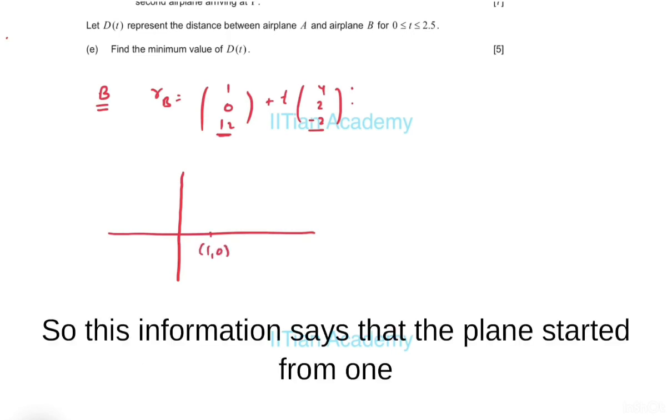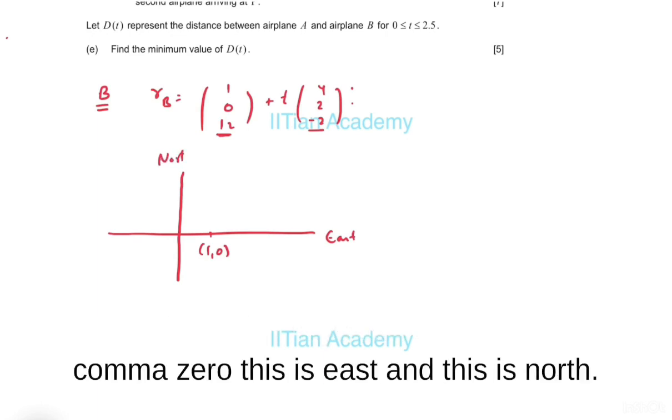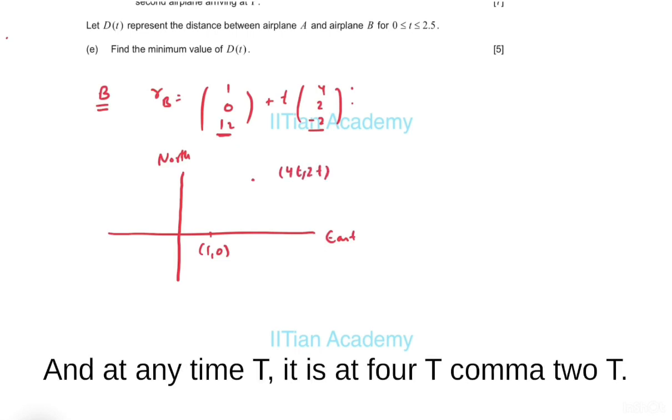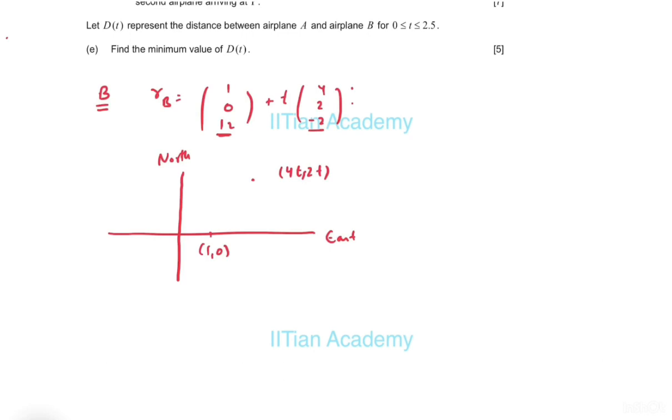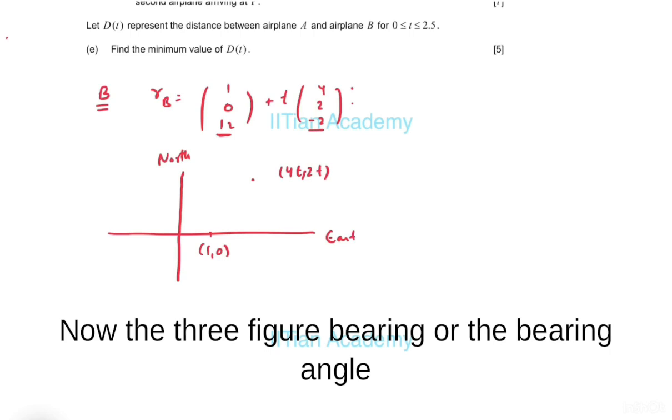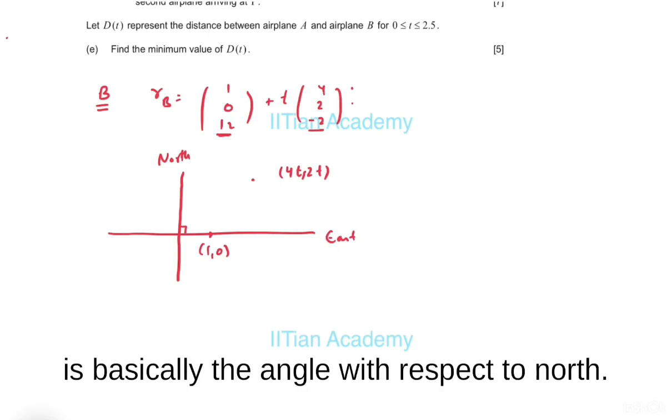So this information says that the plane started from 1, 0. This is east and this is north. And at any time t, it is at 4t, 2t. Now, the three-figure bearing or the bearing angle is basically the angle with respect to north.